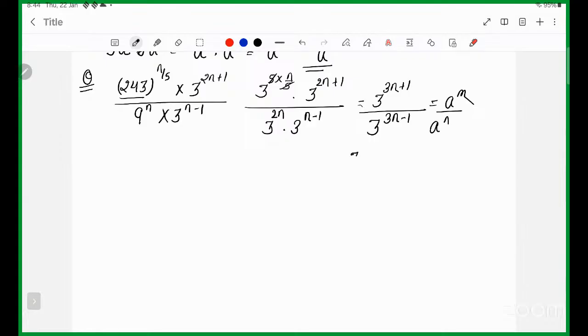So it will be 3 raised to power 3n plus 1 minus 3n, minus of minus 1 will be plus 1. So here n will get cancelled out. So it will be 3 raised to power 2, which is 9. Okay.